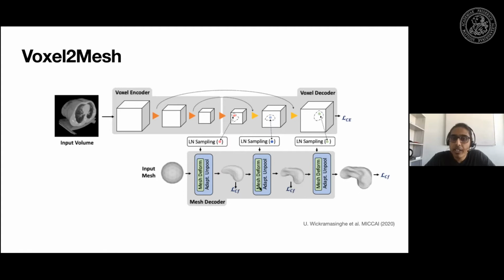Now we are extracting information from a different stage in the voxel decoder. This stage has slightly higher resolution compared to the previous stage, so it can make much finer adjustments to the vertex positions. Again, we repeat this cycle until we come here.